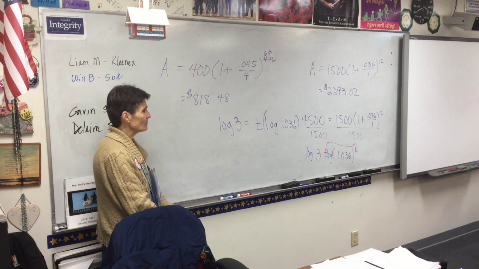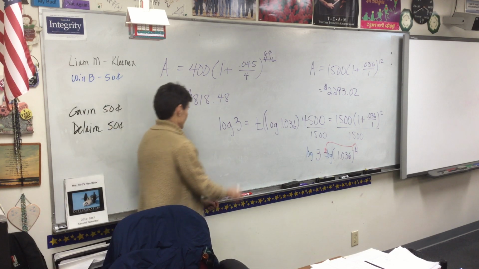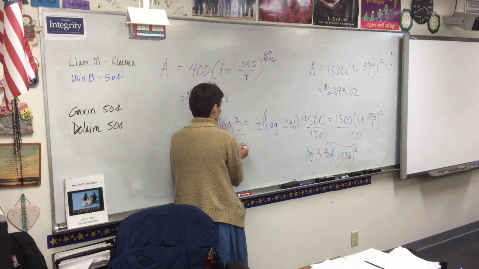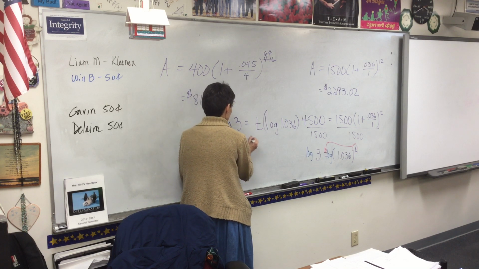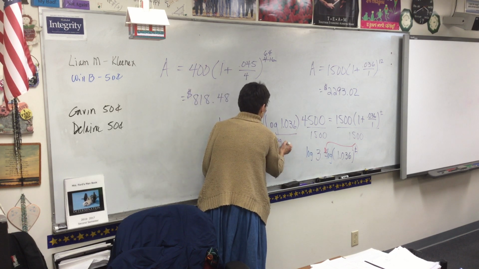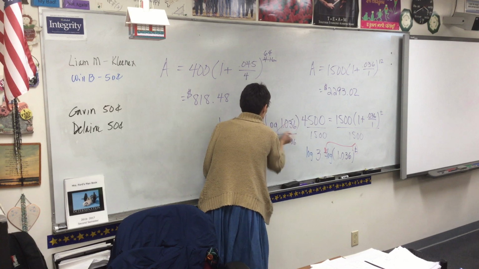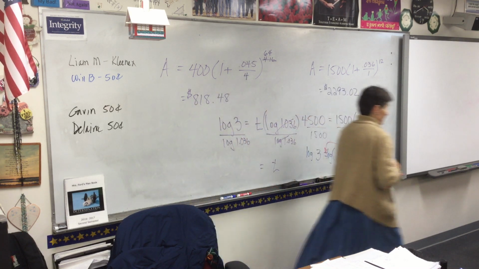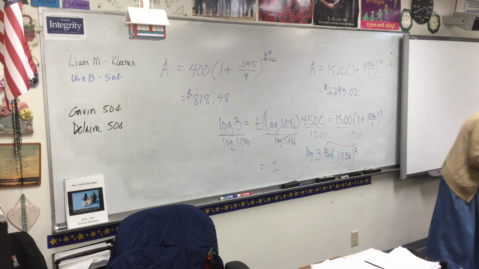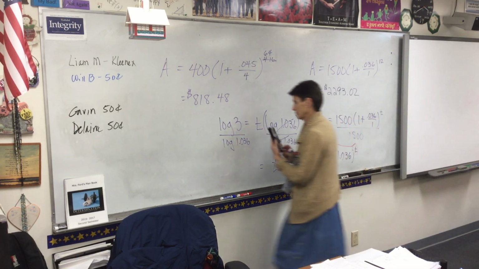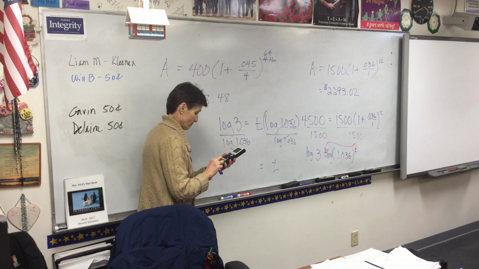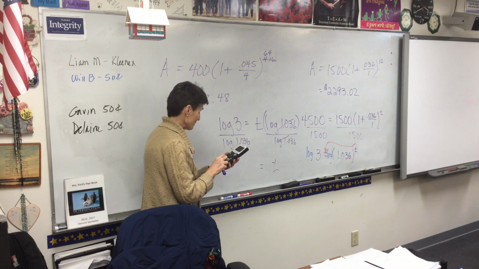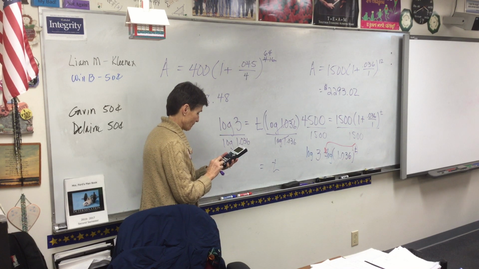How do we figure out what T is then? Divide by log 1.036. And that will give us our answer. Don't forget to close the parentheses on those logarithms.